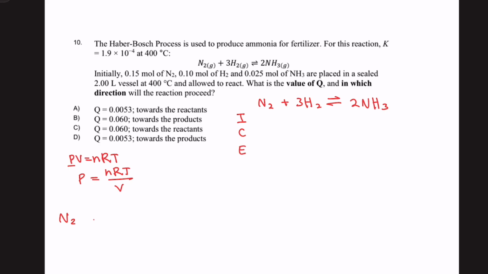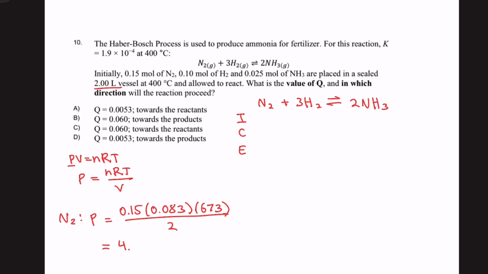So for N2 gas, the pressure is going to be, so we have 0.15 moles, R is 0.083, and temperature is 400 degrees Celsius, which you just add 273 to it, so it's 673 kelvins, and divide by the volume, which is 2 liters.